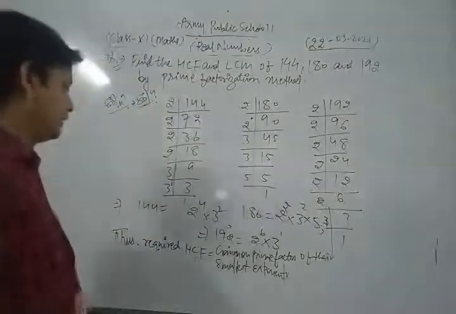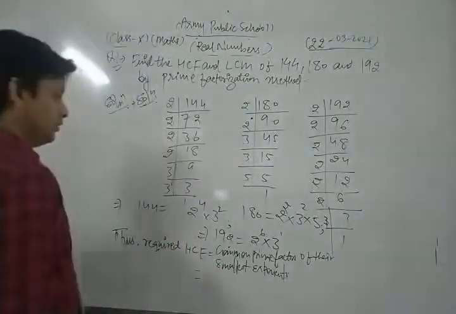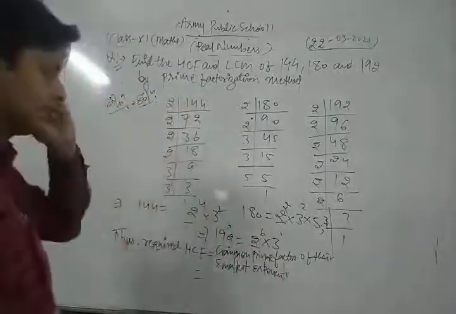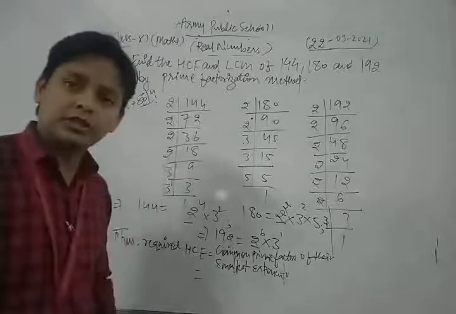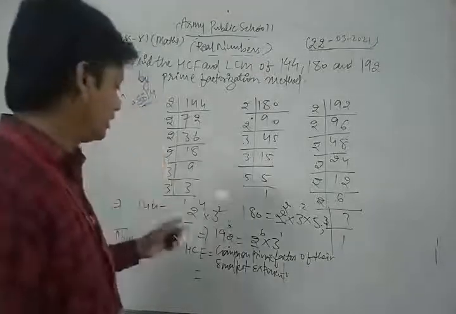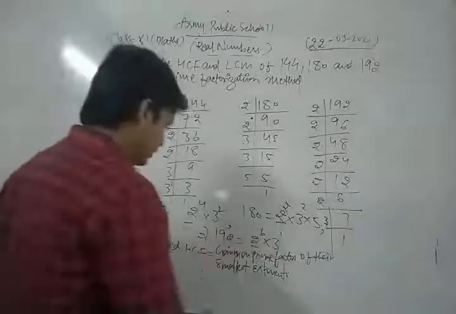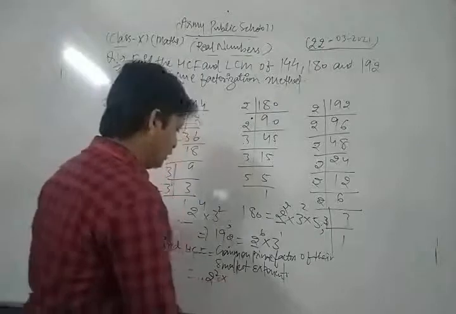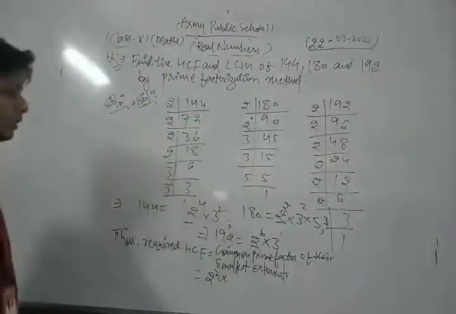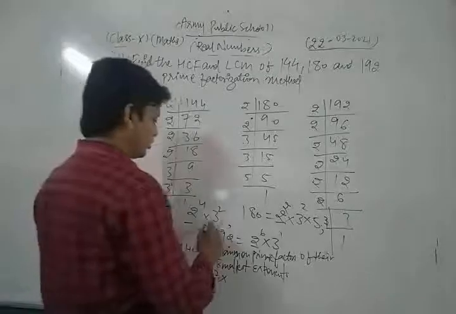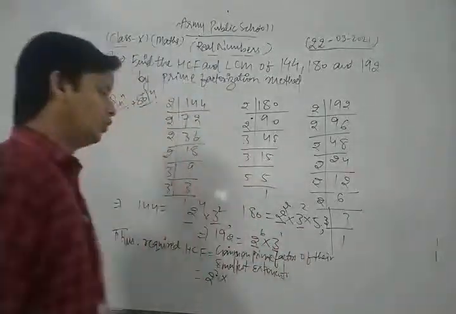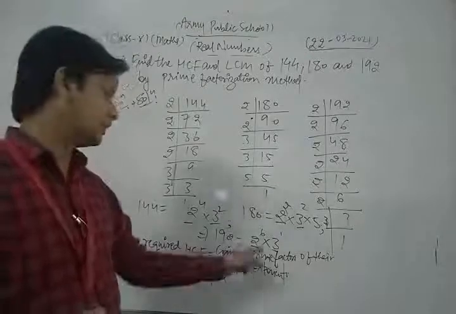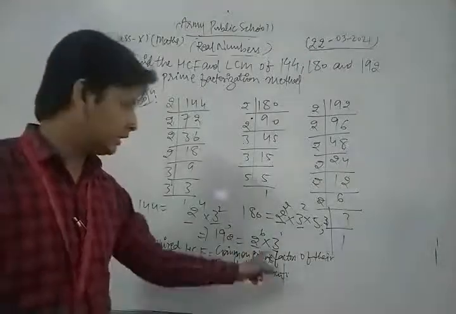So let's see. The common prime factors are what? 2 is a common prime factor, and the smallest exponent is 2 power 2. So here we take 2 power 2. Into 3, which is also common, and the smallest exponent among them is 3 power 1.